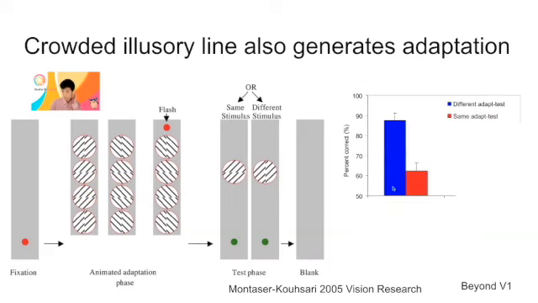Then the critical experimental finding is that, depending on the adaptation orientation, like here, after seeing this horizontal all the way, and then shown vertical, they say, oh yes, you're correct, it was vertical, at 80% or more. But if it's presented with horizontal, then it's incorrect. And this is different depending on the adaptation and test stimulus orientation.